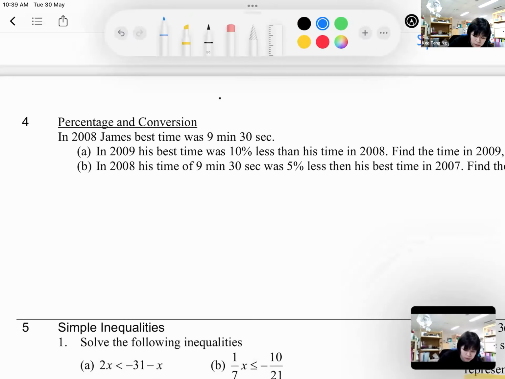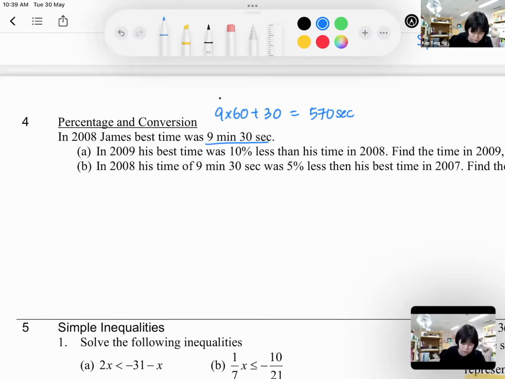So 9 minutes, 9 times 60 plus the 30. That gives me 570 seconds. Okay, but if you prefer to use 9.5 minutes, then please go ahead.